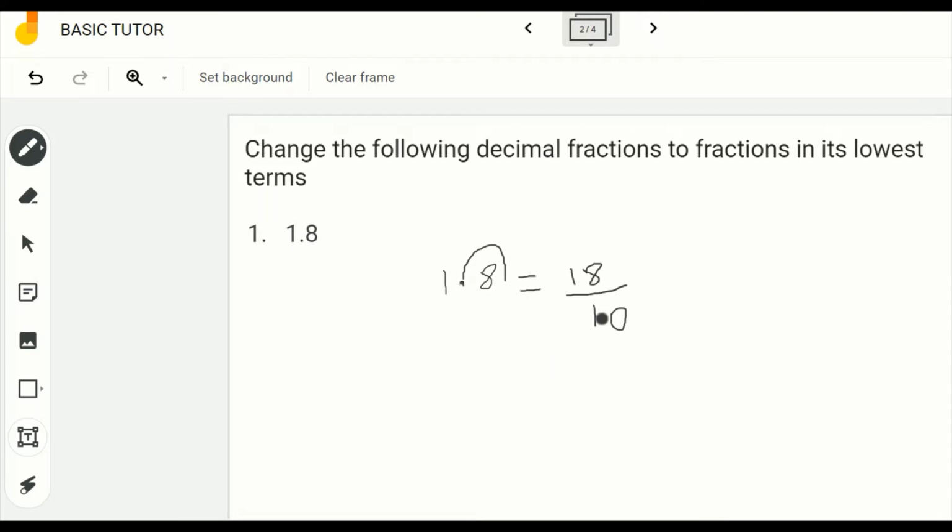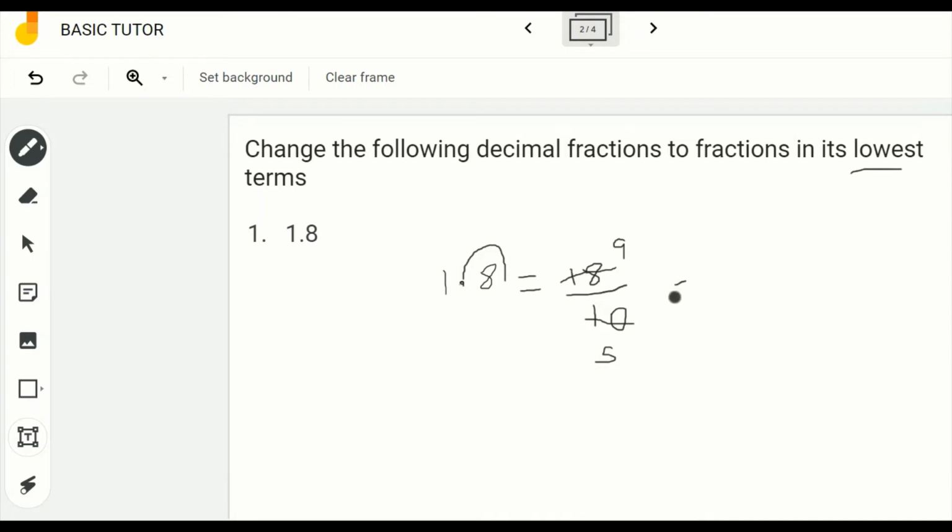So this is our fraction, but not done. We have to leave it in the lowest term. So we have to divide the numerator and the denominator by the same numbers. In this case, I can use 2. 2 into 18 will give us 9, and 2 into 10 will give us 5.